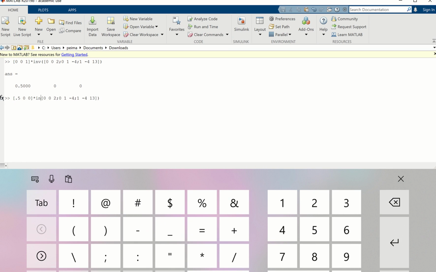This is the inverse, and the phi is how much?